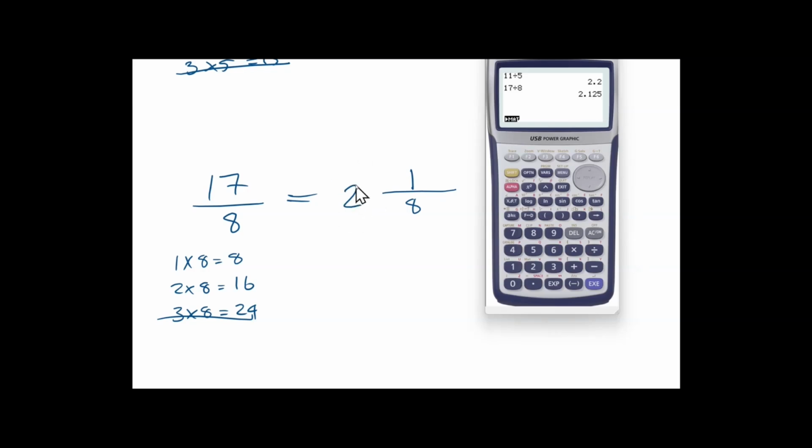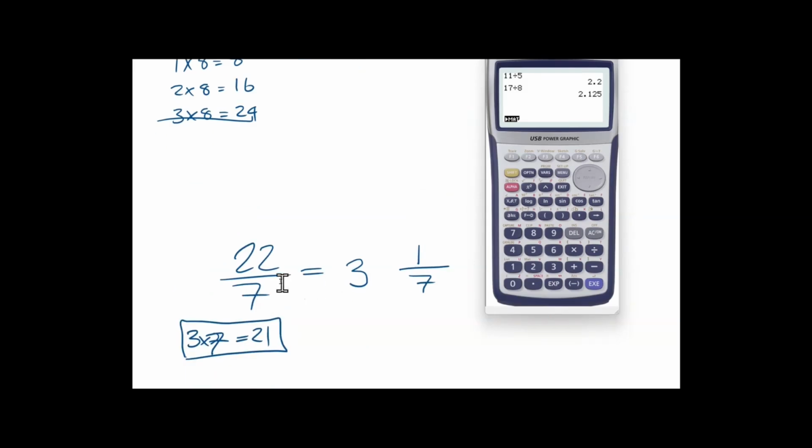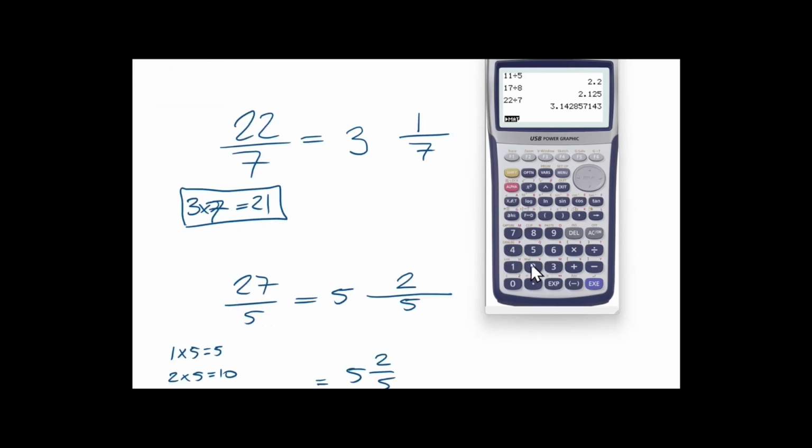So our 2 would go at the front there. 22 over 7, 22 divided by 7. We're going to get 3 point something, something, something. Actually, a number pretty close to pi. 22 over 7 is a rough, good estimation of pi. It's not exactly pi, but it's a nice guess. 3.1728. And 27 divided by 5 is going to give us 5 point something. So it's a good first guess.